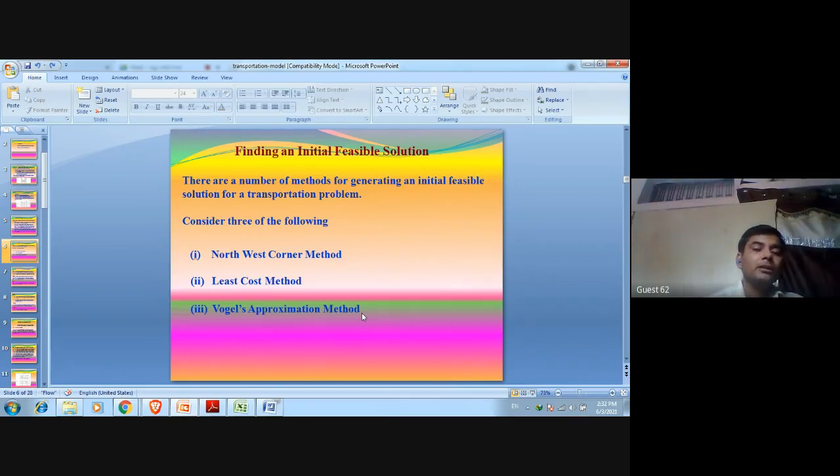By these three methods, we will find our initial feasible solution. Let us see first. The first method is the NWCR method. This is the easiest way to find the initial basic feasible solution. You can apply any of these, according to the situation.